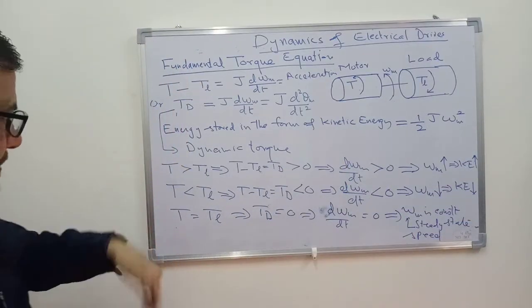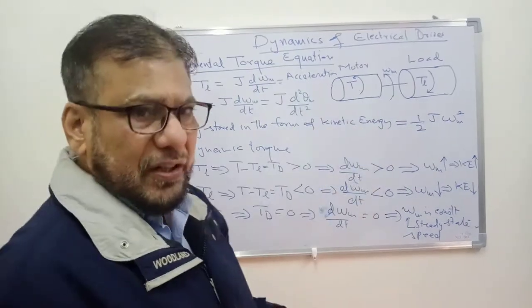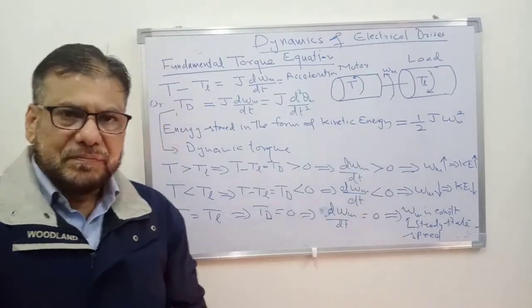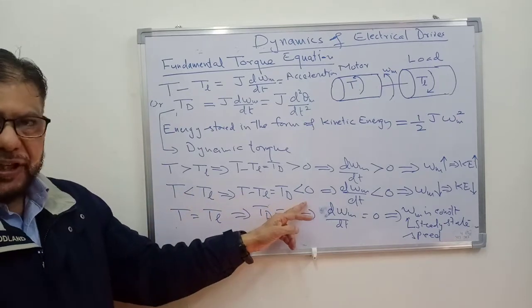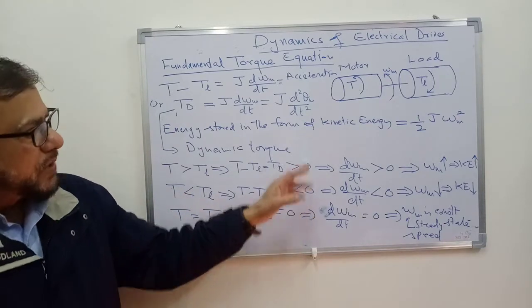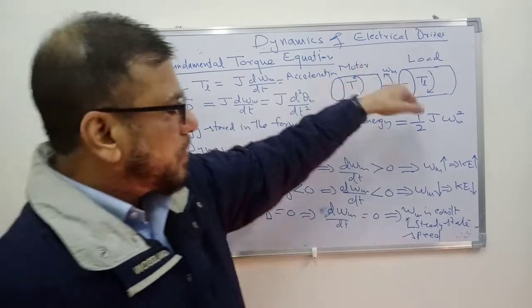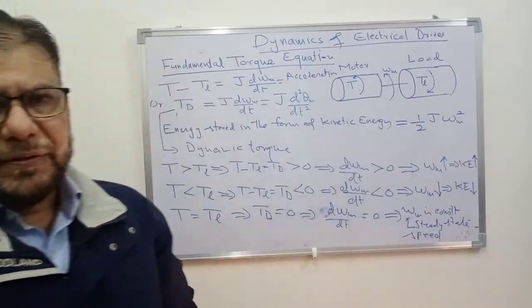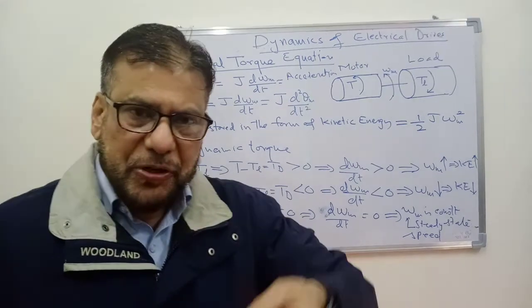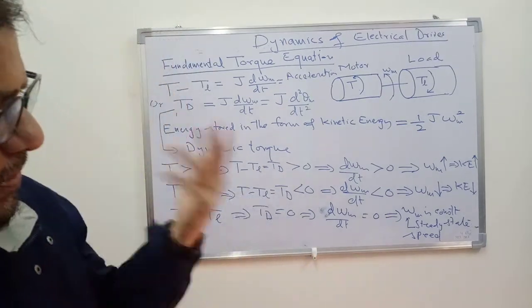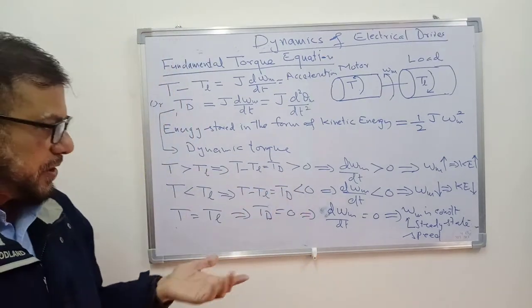In that way, suppose the load torque increases, this means that the dynamic torque becomes negative, then this opposing torque, that is the load torque, will reduce the speed, motor speed will decrease, and finally it will settle to a new value of speed, that will be called the steady state speed of the motor.